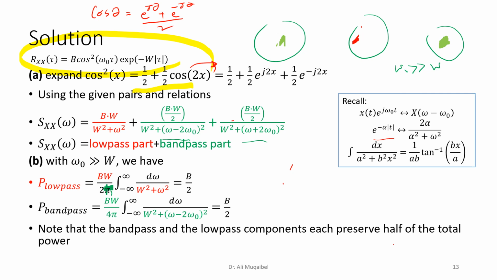So the power turns out to be B over 2 in both cases, where B, remember, was the original amplitude or scale of the autocorrelation. So in this specific example, the power in the low pass equals the power in the band pass.